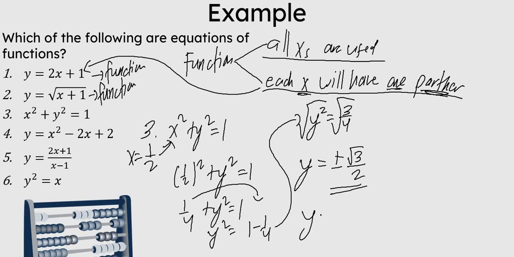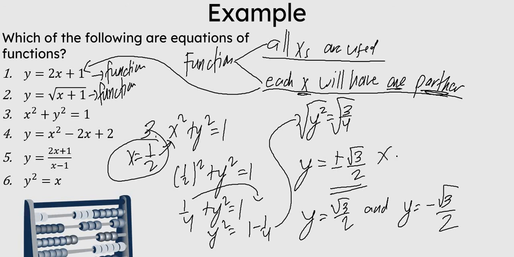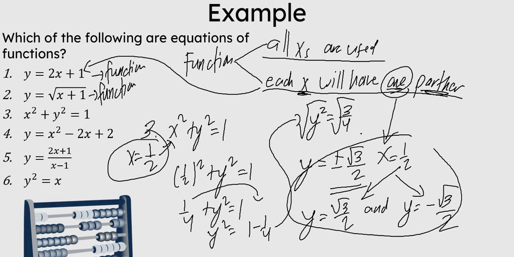This means that y is the square root of 3 over 2 and y is negative square root of 3 over 2, which means for x equals 1/2, it has two specific y's. However, x should only have one partner. Because of this, number 3 is not a function.